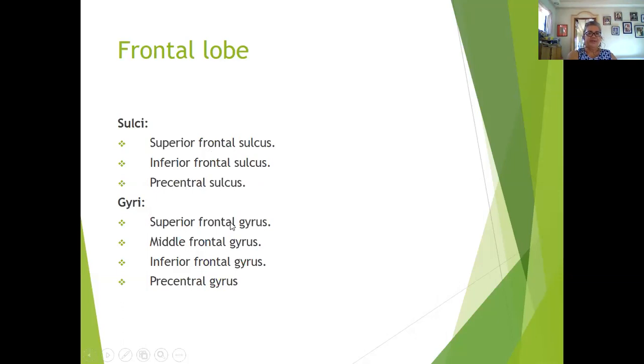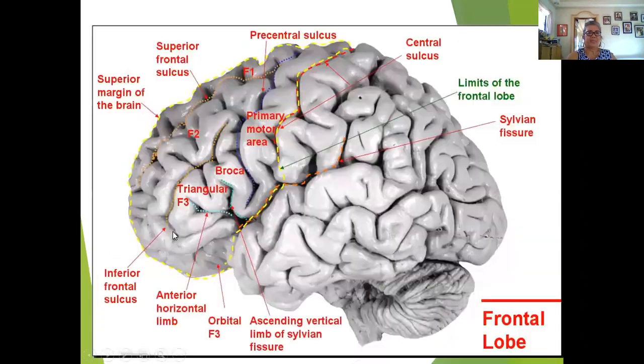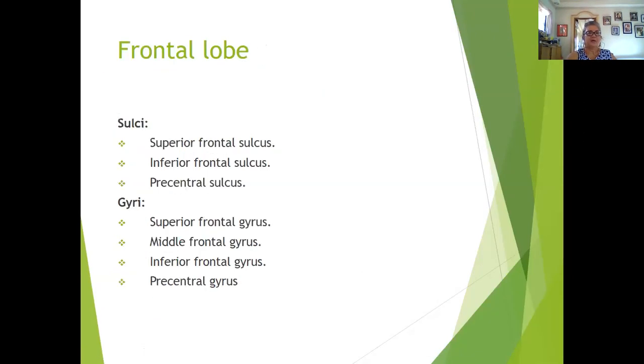And it will have 3 gyri, your superior, middle, and inferior frontal gyri, and the precentral gyrus. Now, these 3 will be perpendicular in orientation compared to your precentral gyrus.